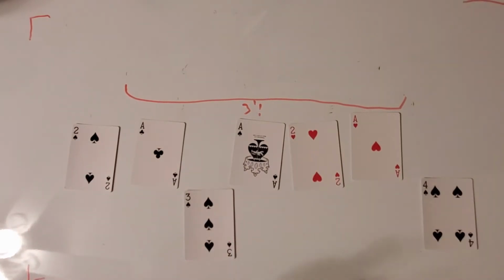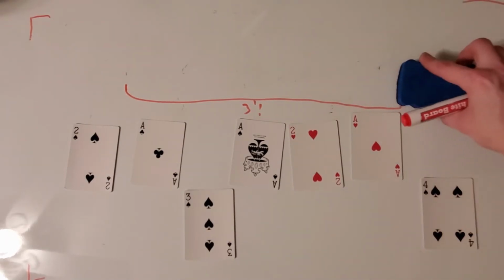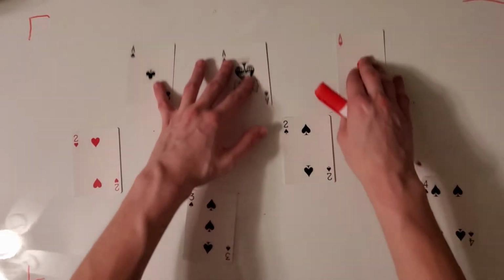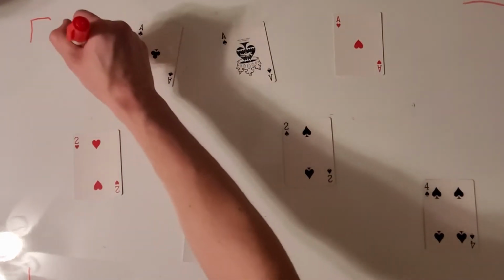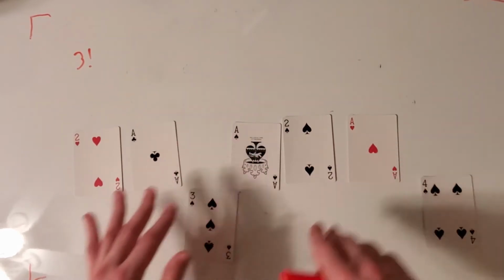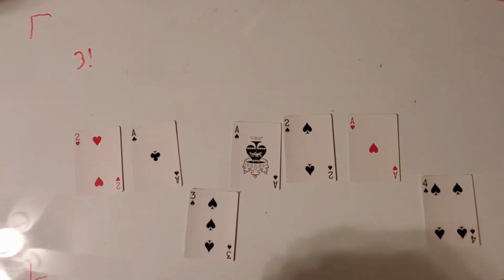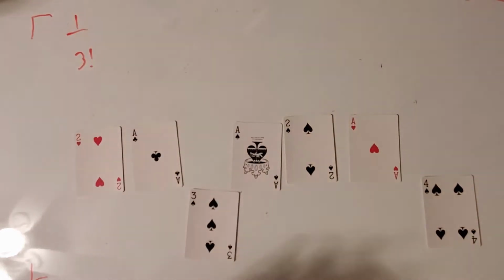Now I'm going to go over that one more time because I just said a lot in one sentence and it might have been confusing. So we have these aces isolated, and there are 3 factorial different ways to arrange them. And if we repermute these, we'll see that only one of these 3 factorial should actually count.